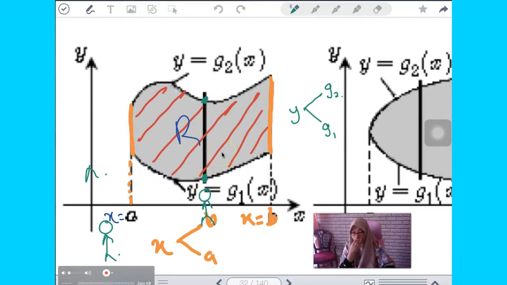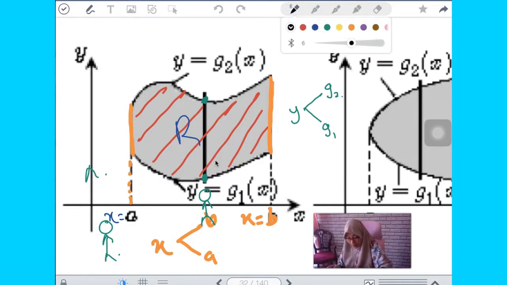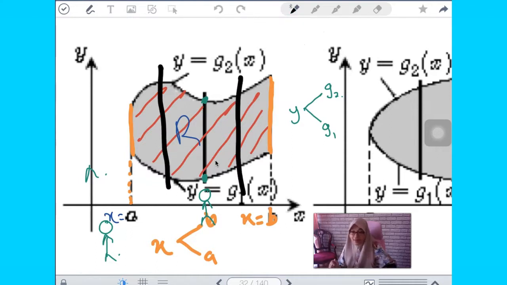Let's say you can create the vertical line at any point on that region. You can also draw the vertical line over here, or also over here. Now I repeat.